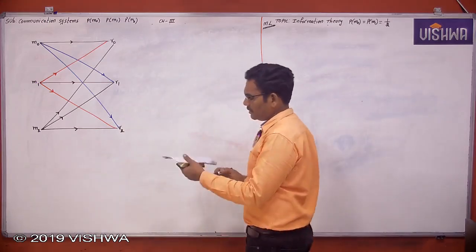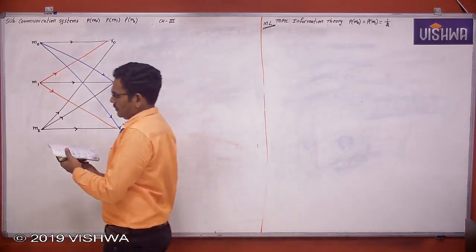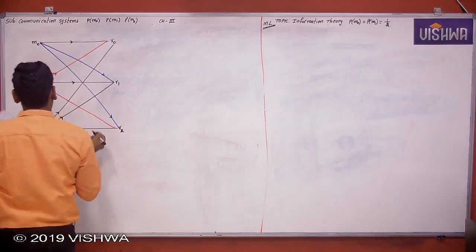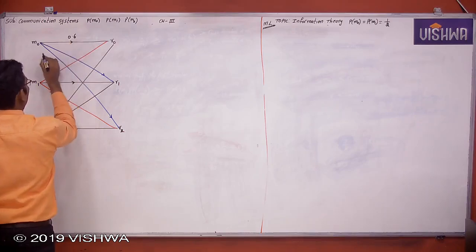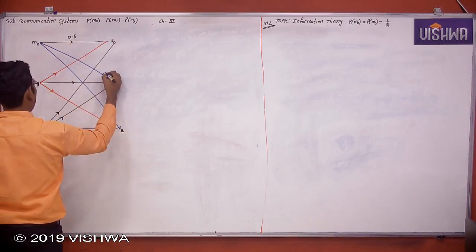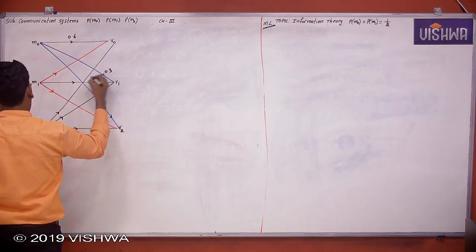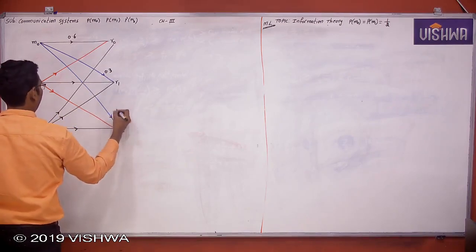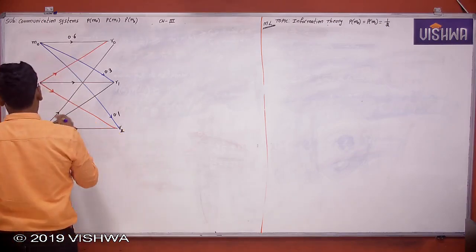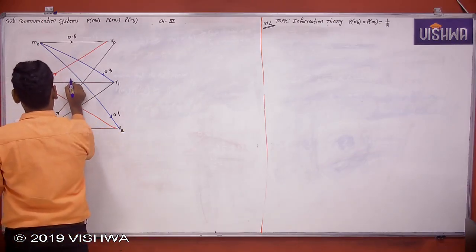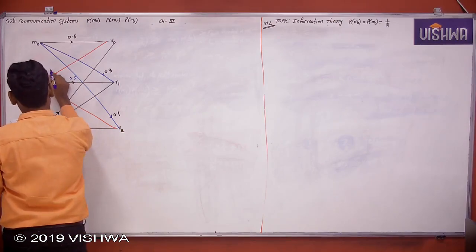So now we'll take this problem with values. The first row is 0.6, 0.3, 0.1. The next row is 0.5, 0.1, 0.4.